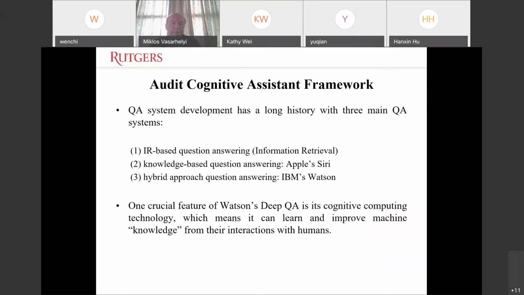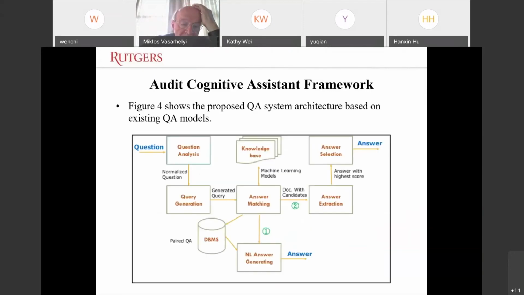One crucial feature of Watson's DeepQA is its cognitive computing technology, which means it can learn and improve machine knowledge from its interactions with humans.